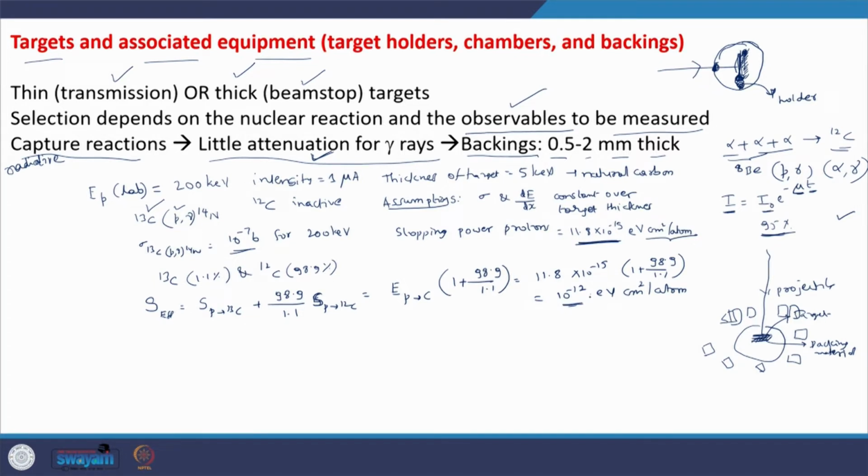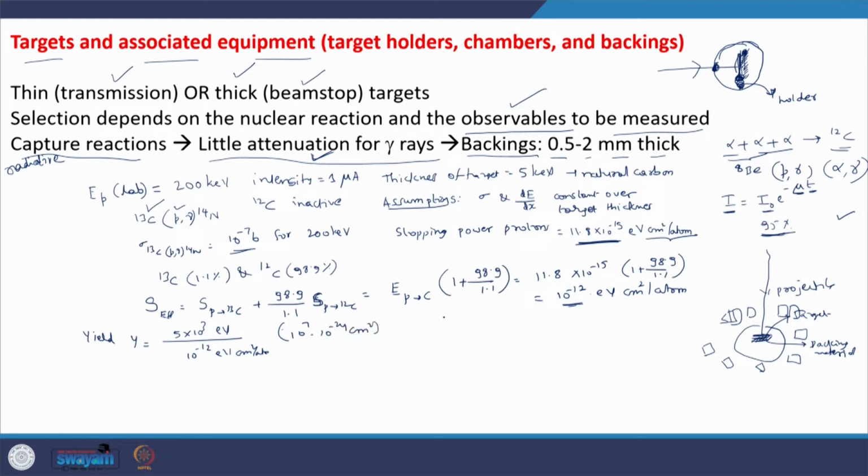Knowing this, what is the next step, my dear? It is the calculation of yield, which equals the thickness of the target, that is 5 × 10^3 electron volt, divided by the effective stopping power in electron volt centimeter square per atom, multiplied by the cross section 7 × 10^-24.